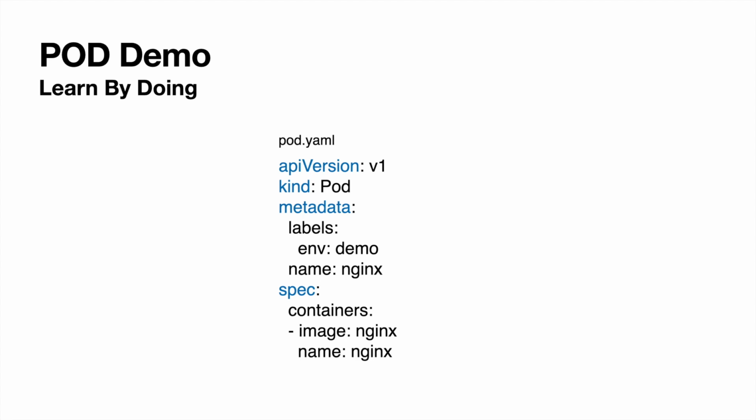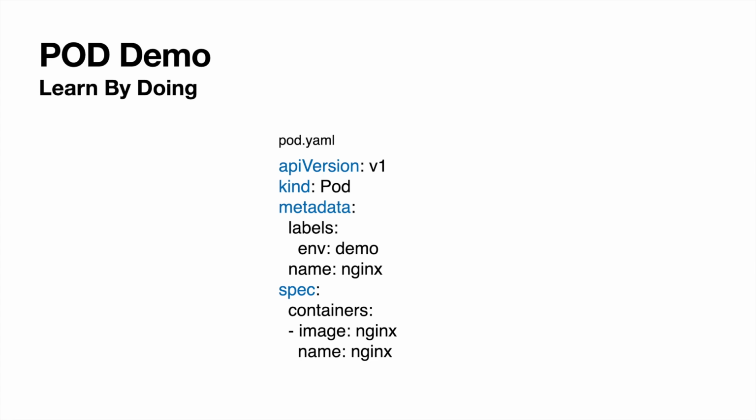So API version for this is v1, kind is pod, metadata we are just giving labels to it. So I'll talk about labels, how it is important when it comes to using pod as part of Replicaset and deployment. But label is env is equal to demo, and name for this particular pod is nginx. Specification, I was telling you the specification contains something like container, and here it is an array.